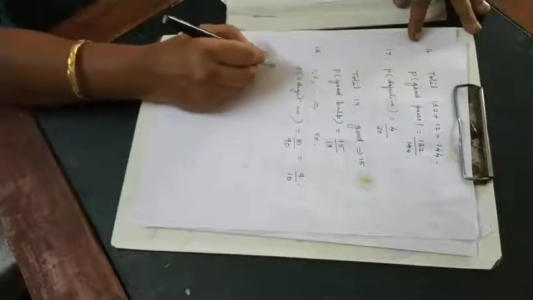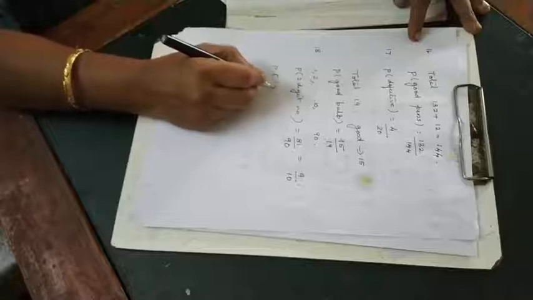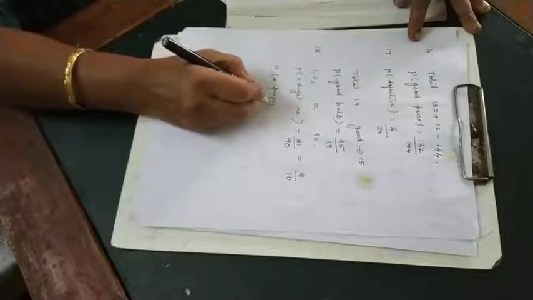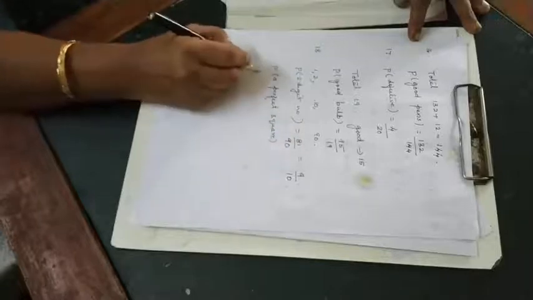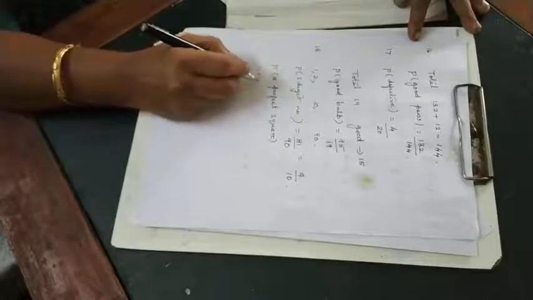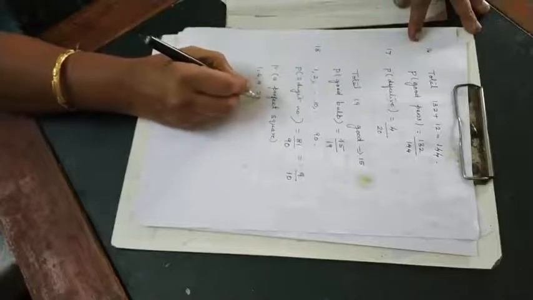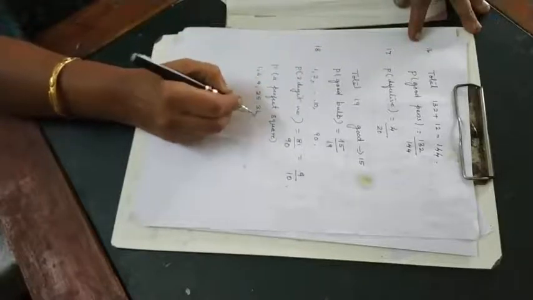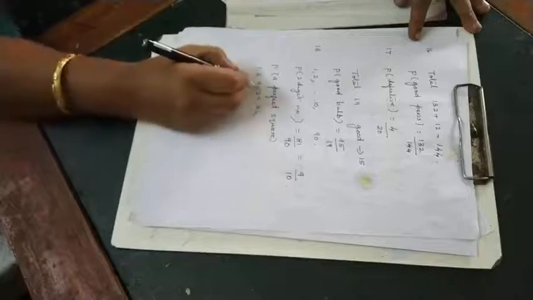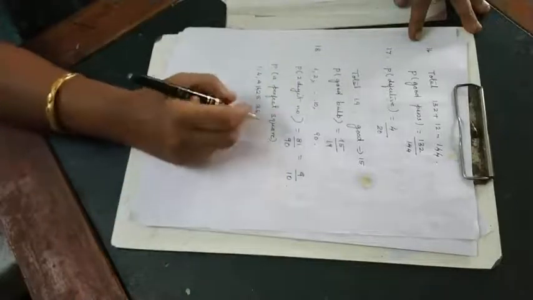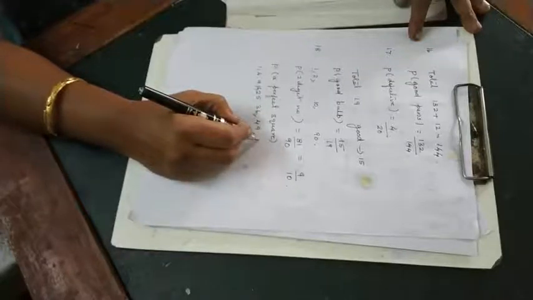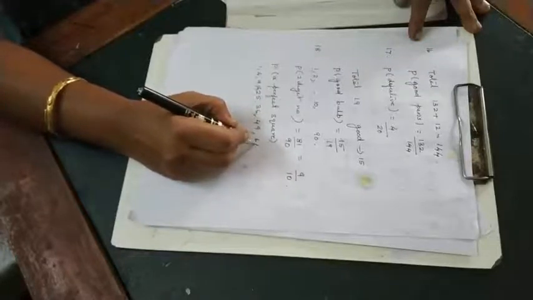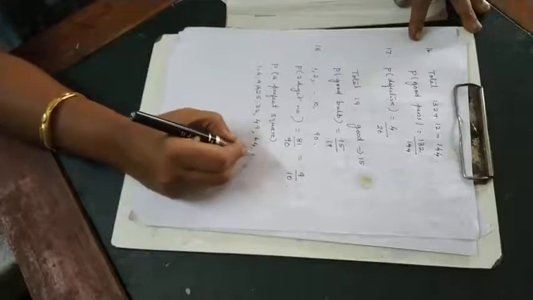Okay, now the second one is a perfect square. A perfect square. So how many perfect squares are there? So 1, then 4, then 9, 16, 25, 36, 49, 64, then 81.